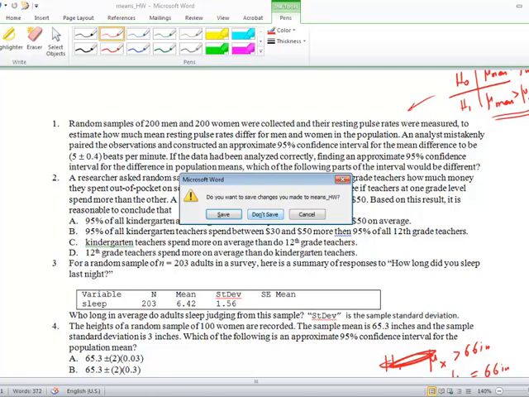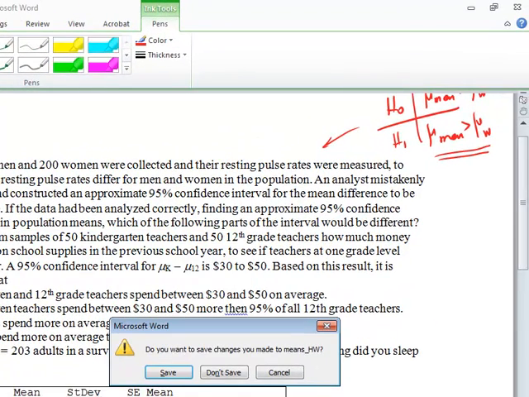We had the 200 women and the 200 men, and you remember that we have a confidence interval of 5 plus or minus 0.4, and this was mistakenly calculated. That was the homework problem, because the investigator paired the observations, but they are not paired, as we argued.